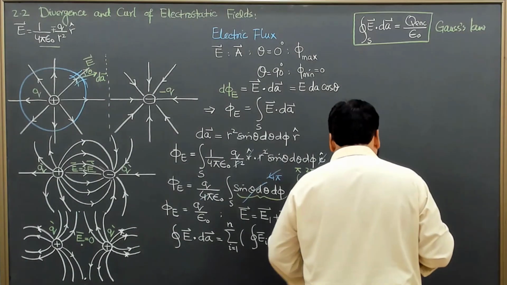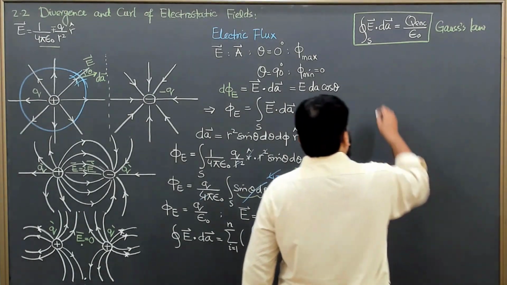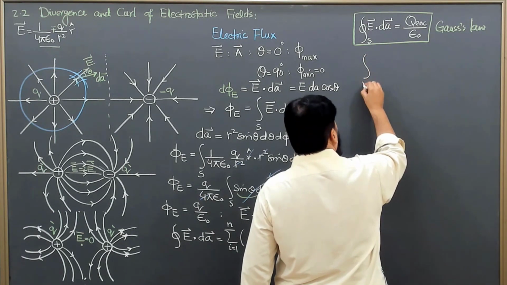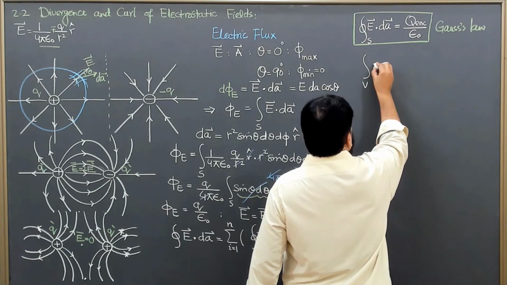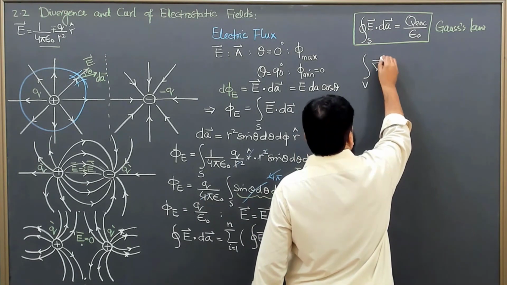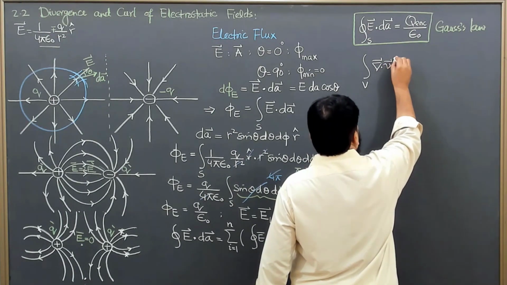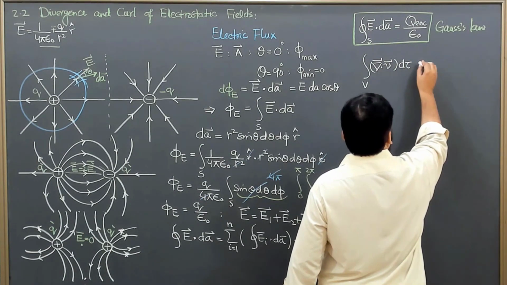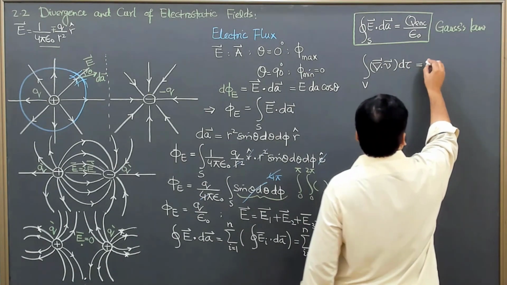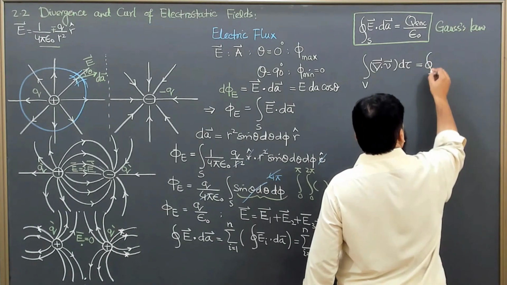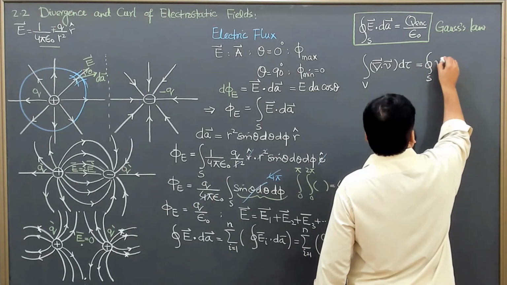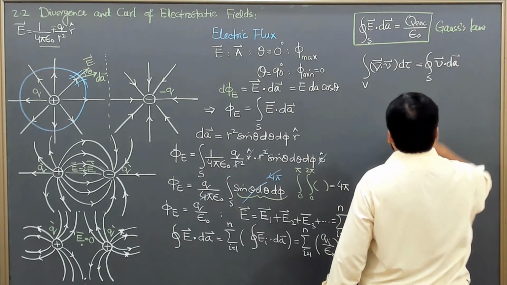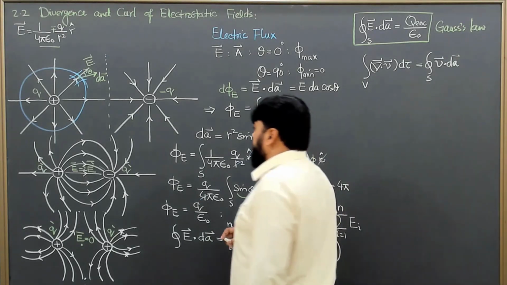As I hope you remember, the divergence theorem says that a volume integral of the divergence of a physical quantity V, d tau, over the whole volume is equal to a closed surface integral, which is the flux of that vector on the surface.